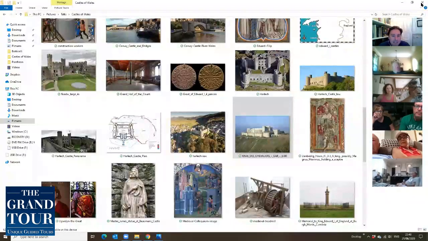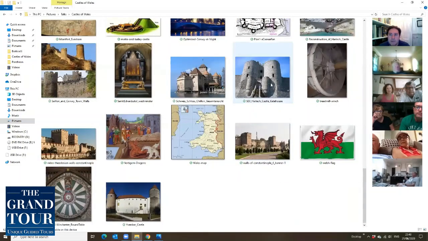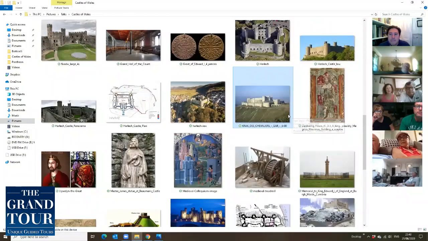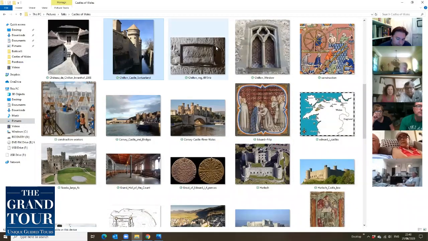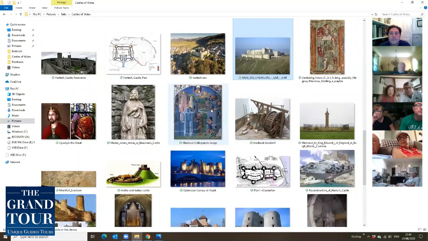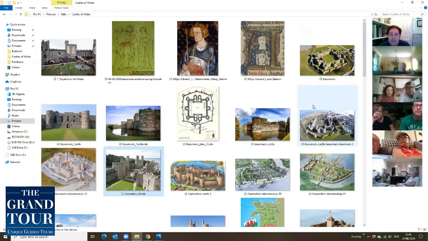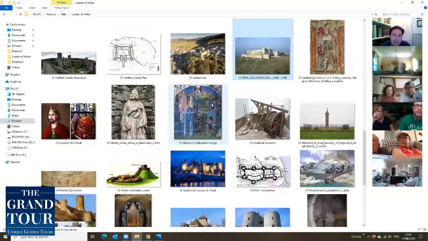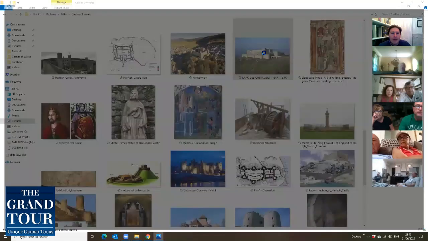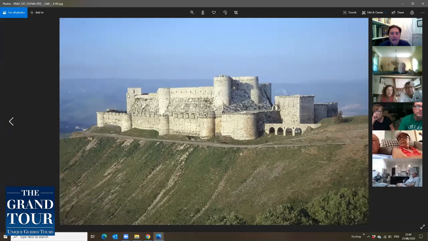Now, this is a picture of the castle. I might have another one somewhere of the Crac, maybe not. If you look at the picture of the Crac, it's on the top of a mountain dominating a valley.